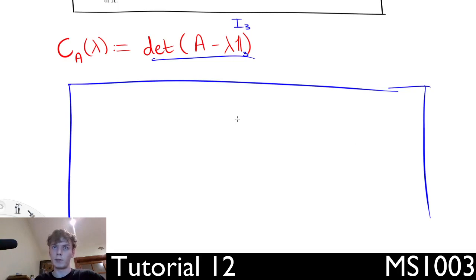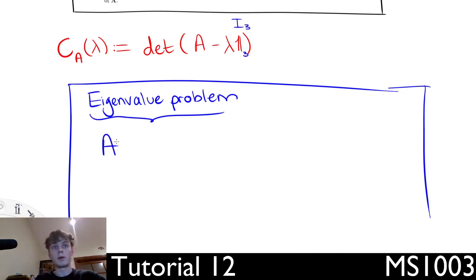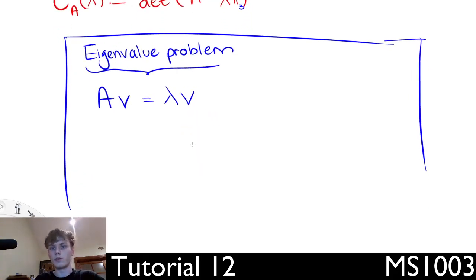Determinant of A minus lambda times the identity, the characteristic polynomial. Well, remember, what we're trying to do is solve the eigenvalue problem, which is basically, I have a matrix or a linear map, and what I'm looking for are solutions to this equation for the matrix A, Av = λv, where v is just a vector.